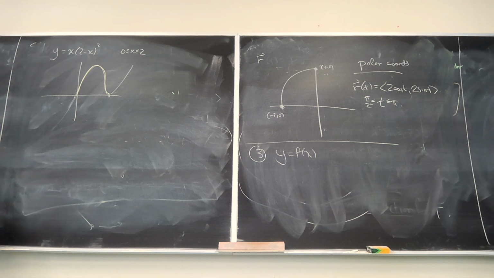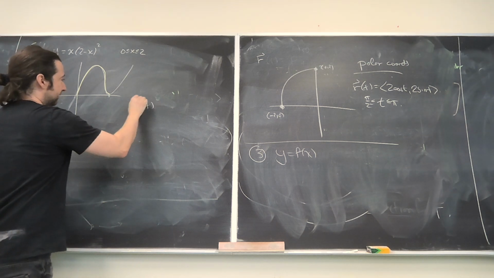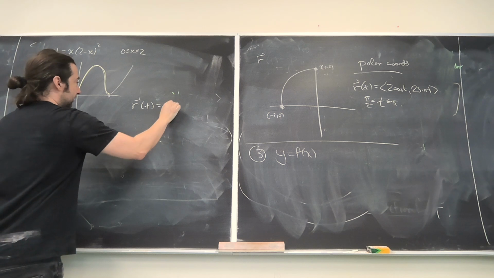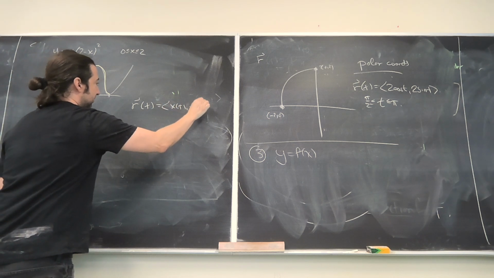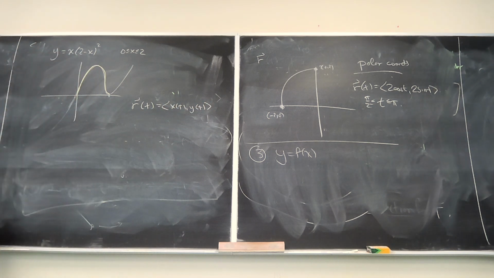I really need to have an r of t is equal to (x of t, y of t). What do I do? I don't even see where to get a t from. If only I had an independent variable. What should I let x be equal to? t!